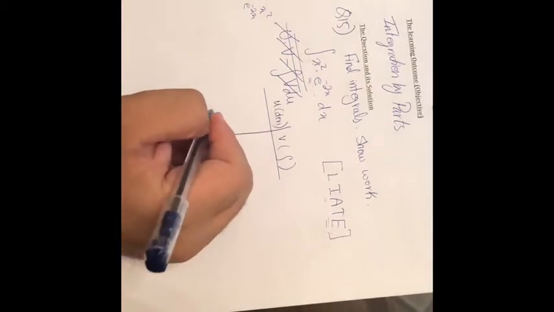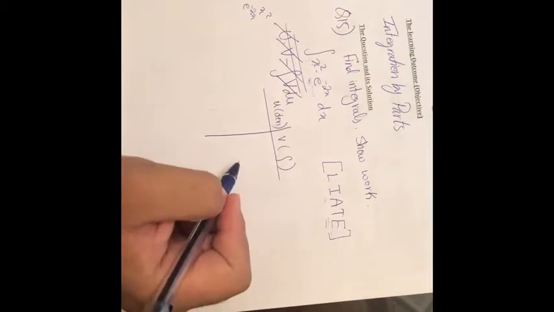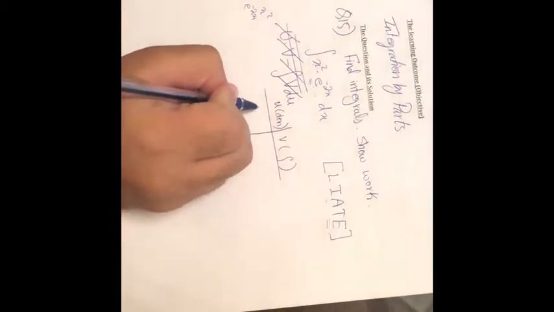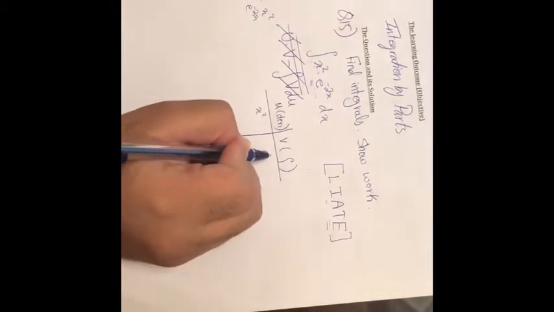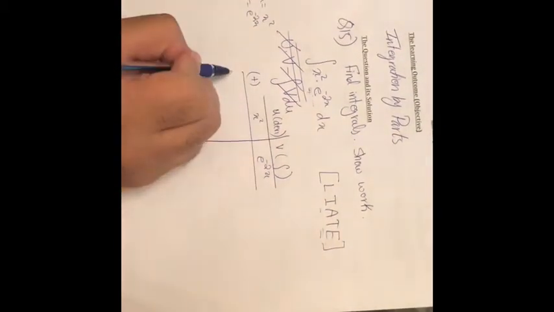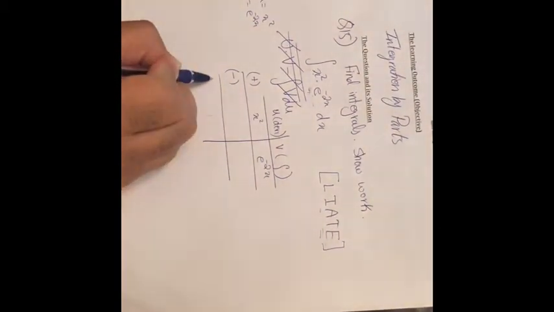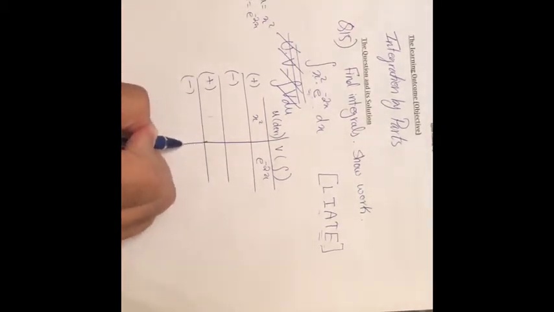Now in this table, we will keep making derivative for the x squared, and here we'll keep making integration for e power minus 2x. So here we have x squared, and here e power minus 2x. And at each step the signs become plus, minus, plus, minus. So the first step is plus, the second step is minus, the third step is plus, the fourth step is minus.